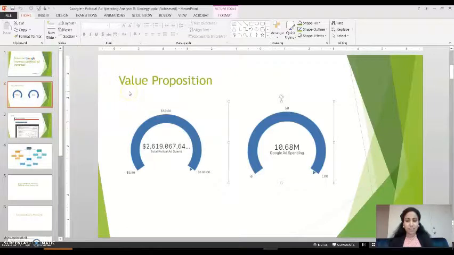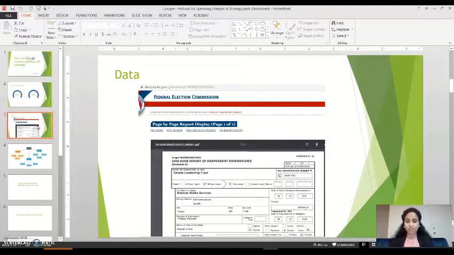So let's take a look at how the data was extracted, where I got the data from. So here is the data. This data was obtained from the Federal Election Commission, and the total large data set was obtained from Kaggle. The Federal Election Commission posts the 24 and 48-hour reports of independent expenditures of all of these PACs, or political action committees.